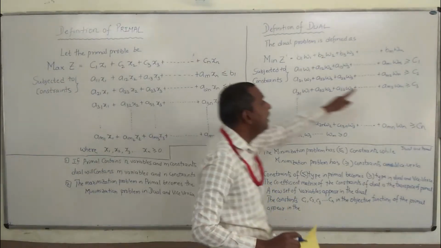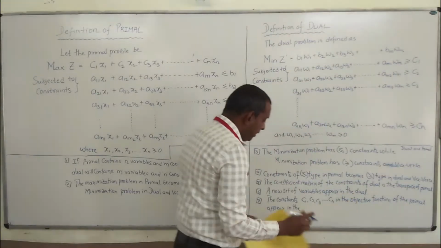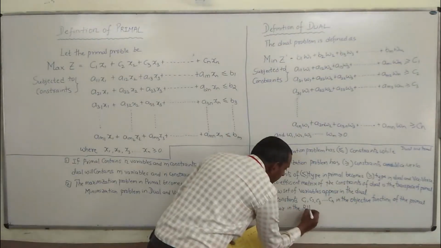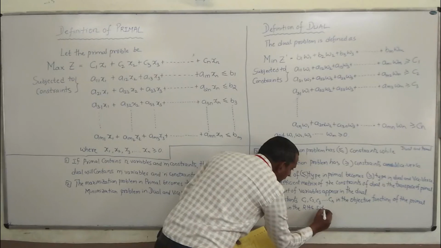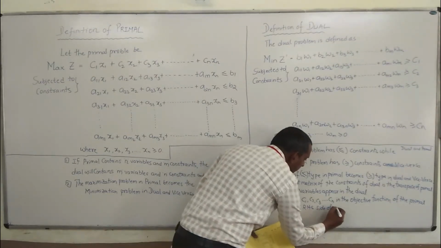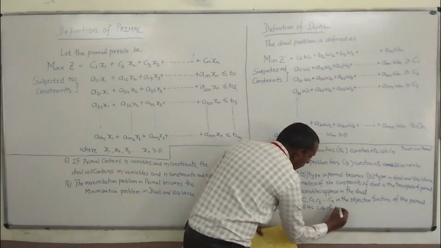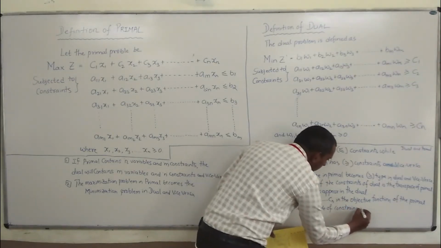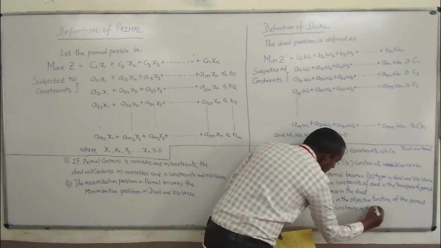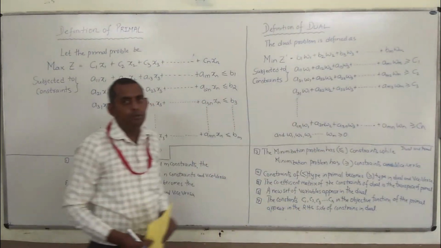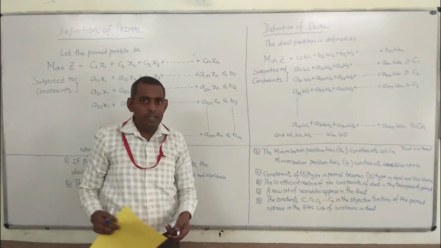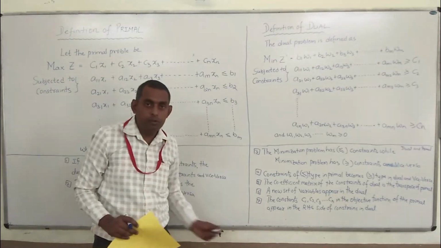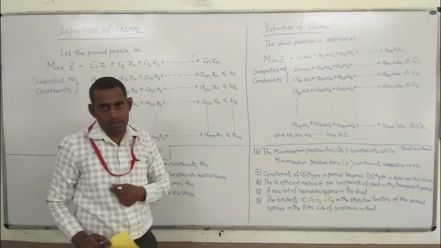C1, C2, C3 will appear in the RHS of the constraints in the dual. Fine. The remaining points will be explained in the next class. Thank you.